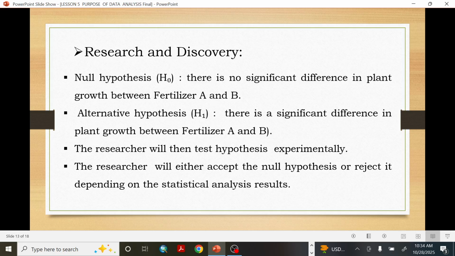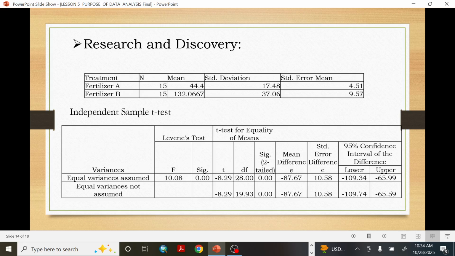However, the alternative hypothesis is saying that there is a significant difference in plant growth between fertilizer A and B. It means that the fertilizers have effects on the growth of the plant. So in this case, the outcome of the experiment will be analyzed using the right statistical test, like the independent sample t-test.